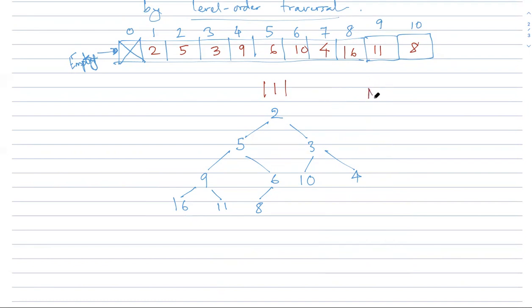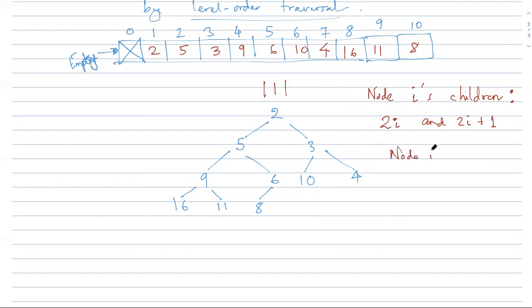So the property is as follows. Node i's children can be accessed by multiplying i with 2, so 2 times i, and 2 times i plus 1.